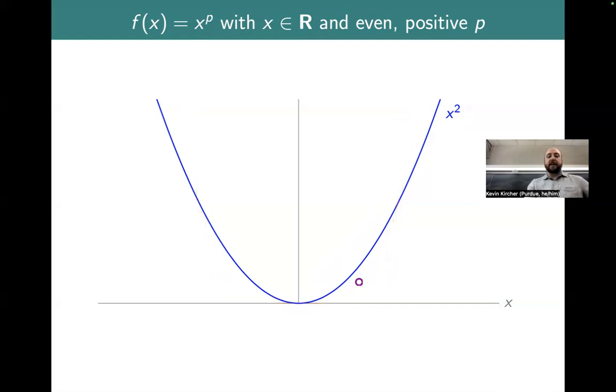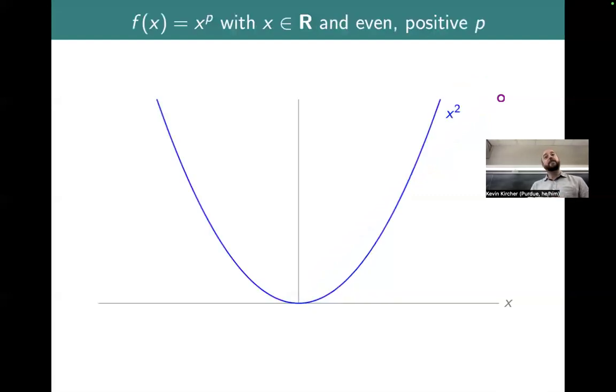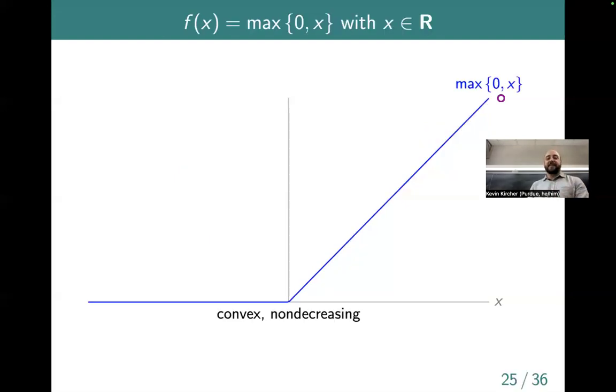Actually, I think I made a mistake. I said that if you plugged x to the 47th power in here, you would get a convex function. I think that's wrong, because x to the 47th power is only convex for positive arguments, and it's actually concave for negative x. Oh, but it's zeroing out, right? If the domain we care about is only the positive x's, then I think we're all good.